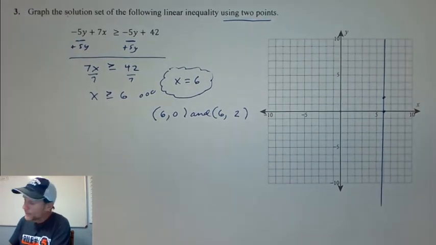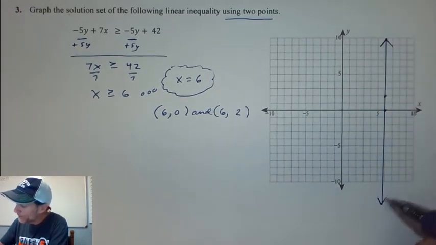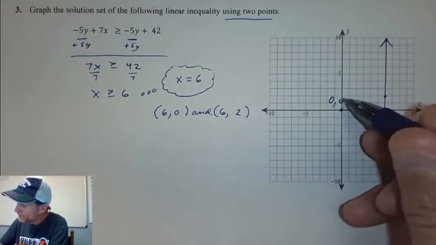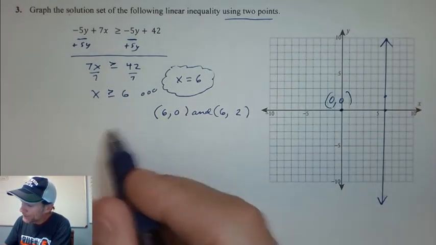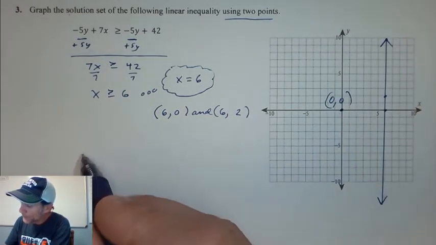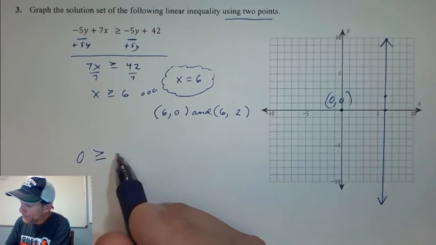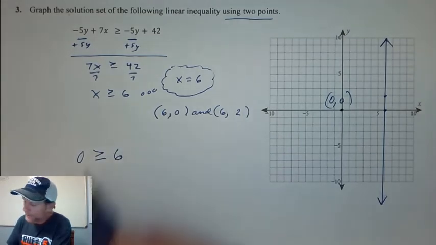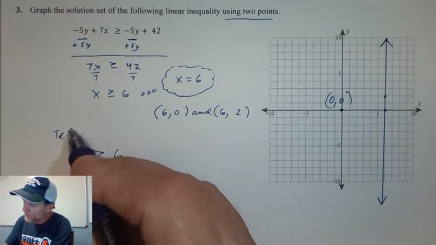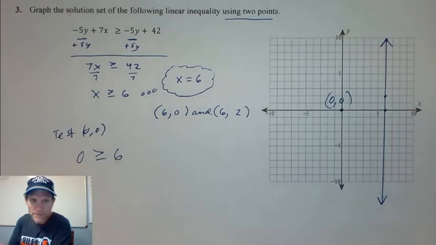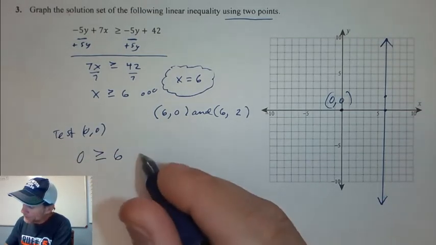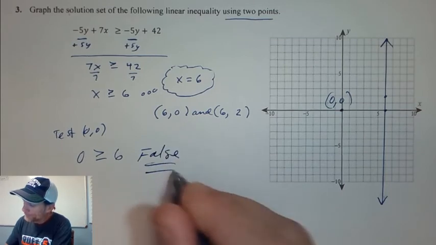Okay, and if I test the point 0, 0, the only place I can put 0 in is for x. I get 0 is greater than or equal to 6. This is my test. Testing 0, 0, this is false, all right?